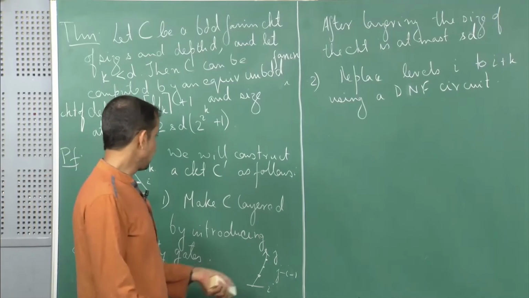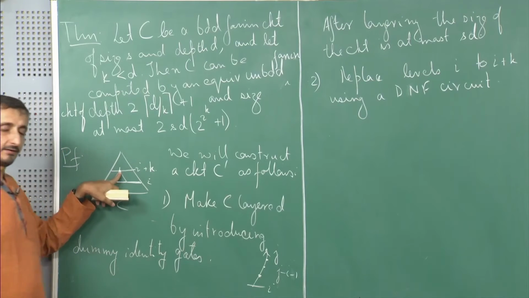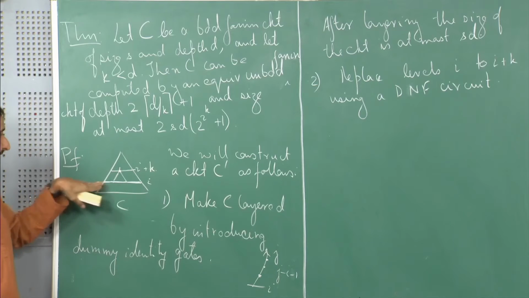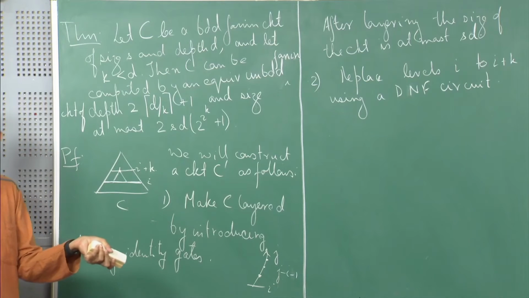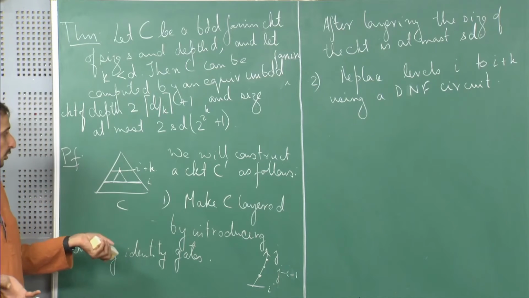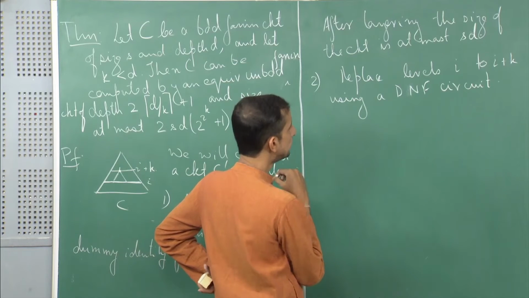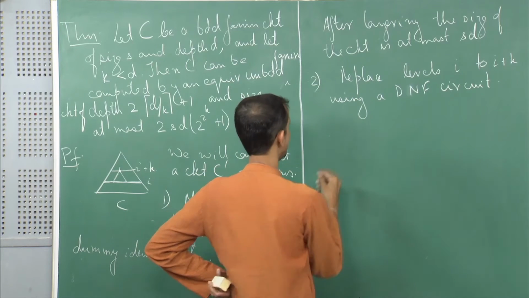So, essentially I take a gate over here, okay, and as I said, I will look at all the gates in level I, and I can basically replace it with a DNF circuit. Okay. So, I can think of it as a truth table. So, how many inputs will it depend on?